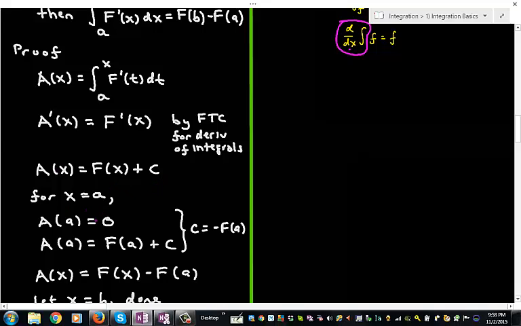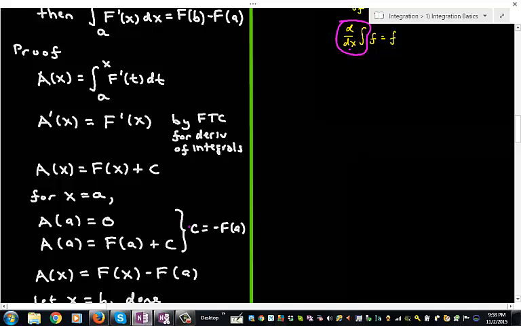Now if I put in x equal to a, I notice that capital A of small a is going to be 0, because this is the area under the curve from a to a. But I also know that capital A of a is equal to F of a plus c. So using those two facts, that tells me this constant of integration is going to be minus capital F of a. And that's what I said before, how that constant of integration actually depends upon the lower endpoint.